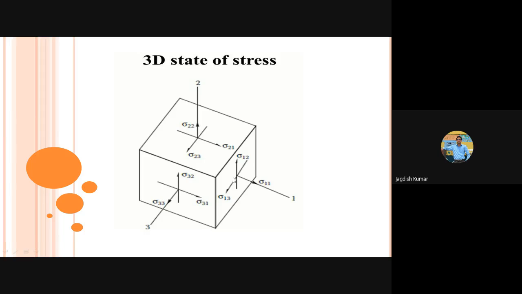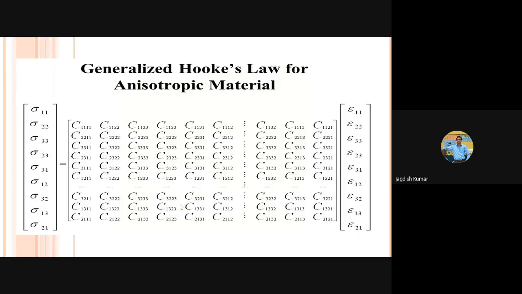So only these 9 components of stress and 9 components of strain are important. Are they 9? Yes, we have 3 faces and 3 components on each face, and that is what represents those 9 components. And this is Hooke's law, relating these 9 stress components with 9 strain components.